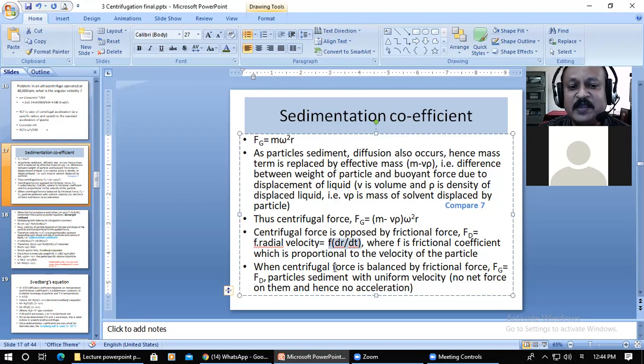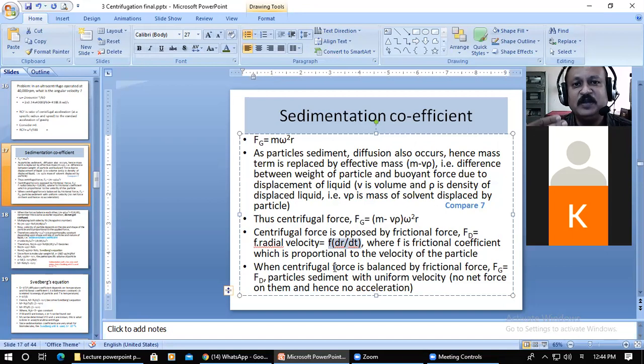What is dr by dt? It is the velocity with respect to time. Change in position, displacement with respect to time, isn't it? But because it is an angular, rotating motion, and constantly there is a change in direction, it is a vector quantity.